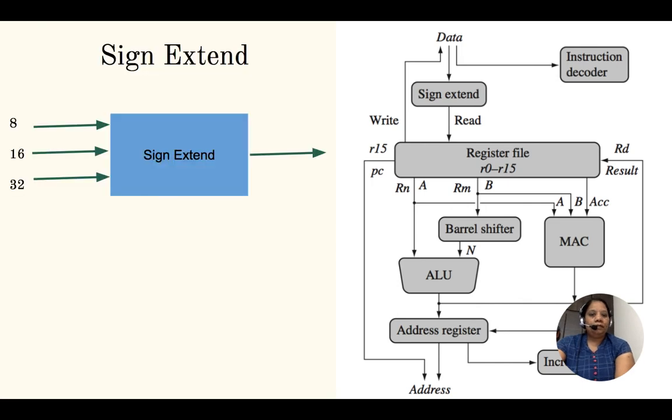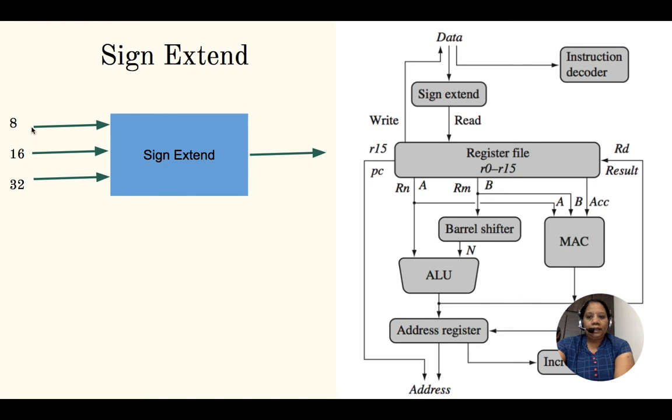Now we have a special block here which is known as the sign extend block. The purpose of this sign extend block is this: we know that an ARM7 processor supports 8-bit data, 16-bit data as well as 32-bit data. But all the registers in the ARM architecture are only 32-bit.